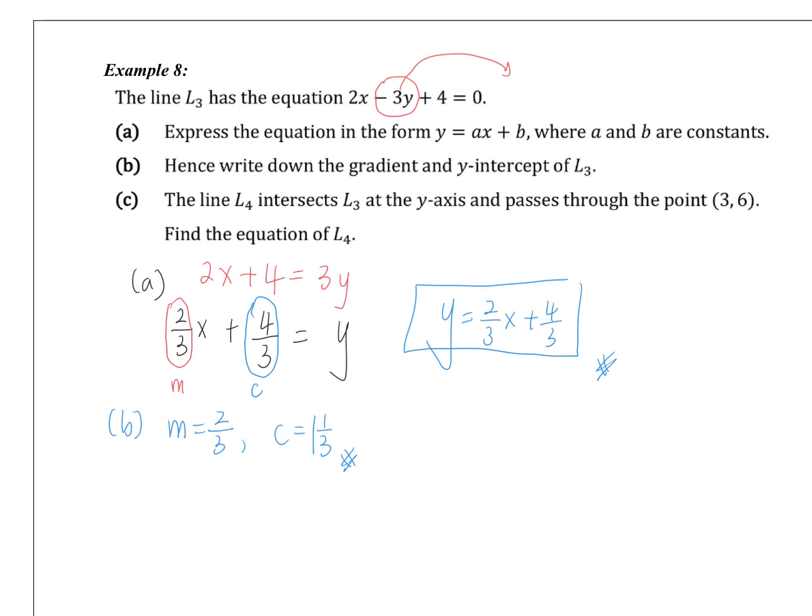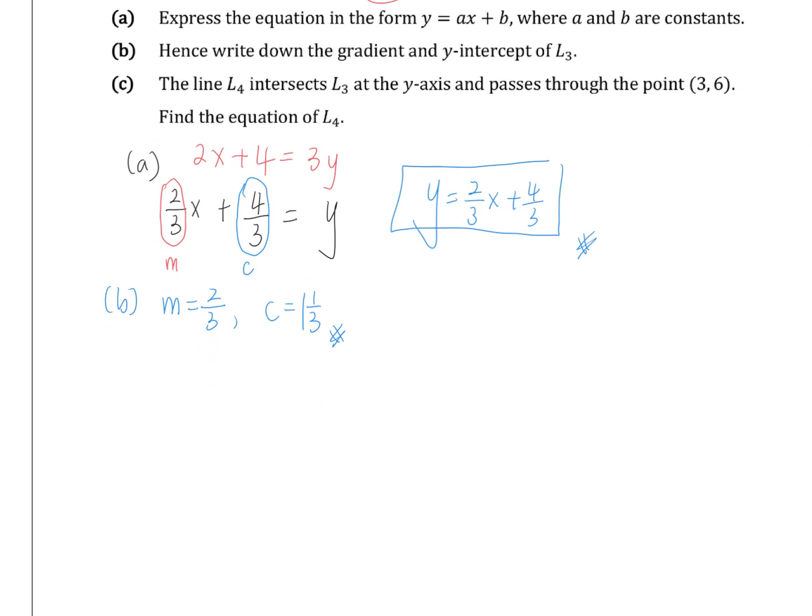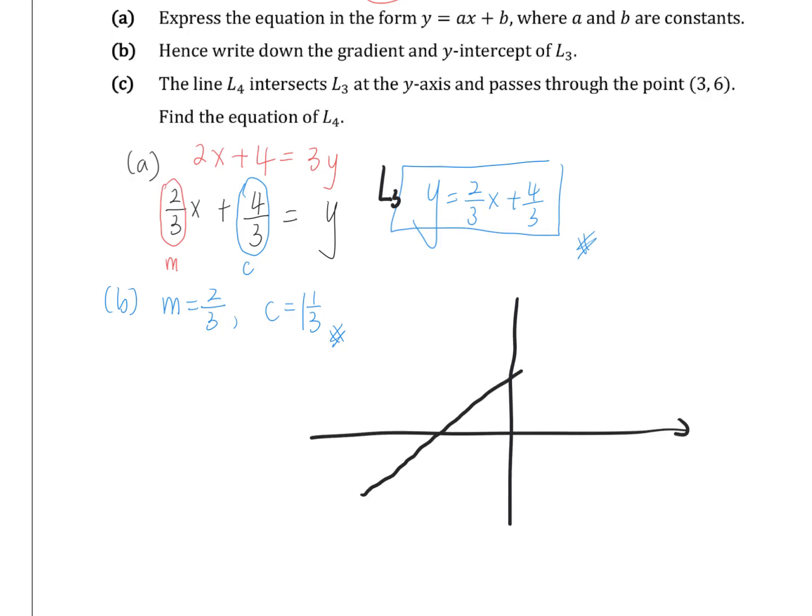Okay, and then they say that I have another line that intersects the line 3 at the y-axis. Okay, and it passes through the point 3,6. So if we were to visualize this, this is my line 3. If I were to sketch it out, it's an upward slope that passes through 4/3.